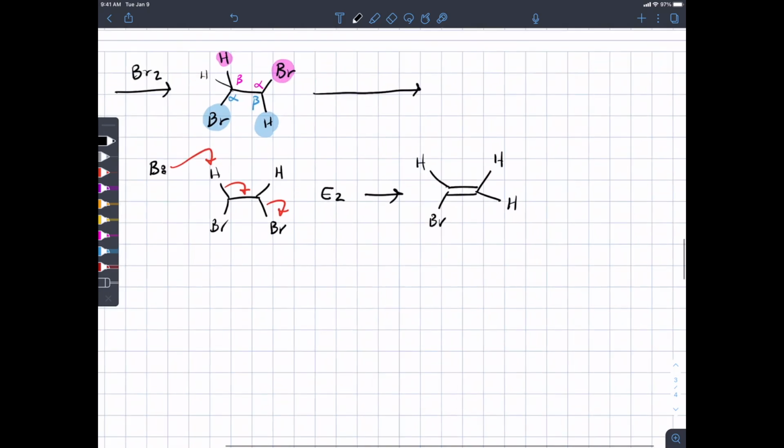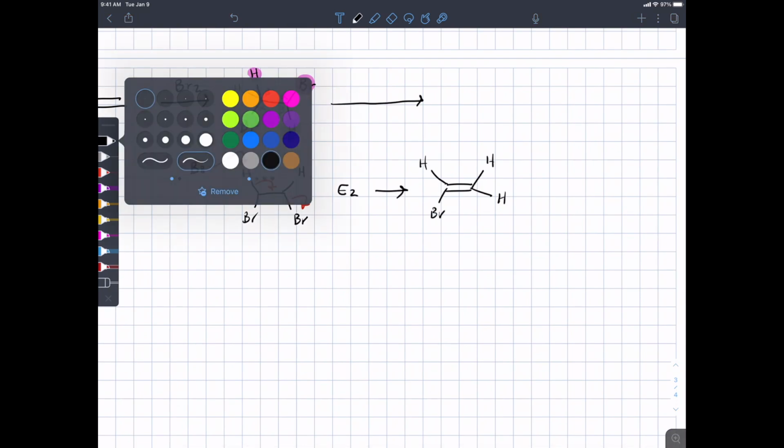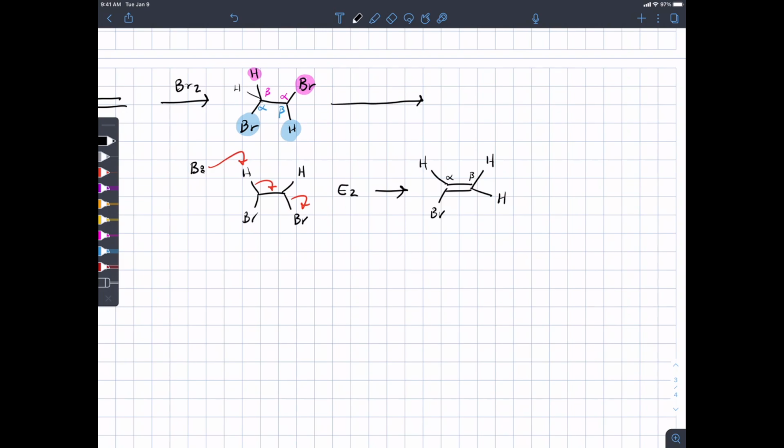But I still have a situation now where I have a proton that's beta to a leaving group. Now, back in chapter 7 and 8, we did not do E2 reactions on what are called vinyl halides. Vinyl carbon is the carbon that's involved in the double bond. We did not do E2 reactions on vinyl halides, mostly because I think it didn't fit in there particularly well.